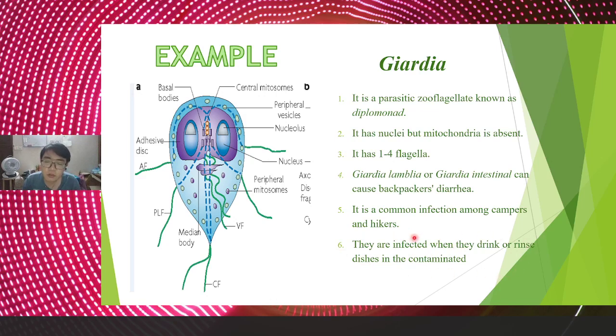So normally hiking people will drink water from the river. Maybe this river already has the organism called Giardia, and this Giardia will cause disease in humans. So you have to be careful and alert if you want to go hiking or camping in the forest.